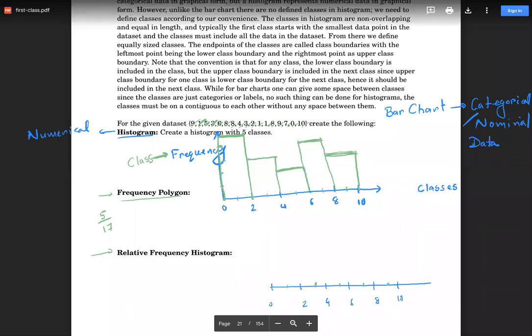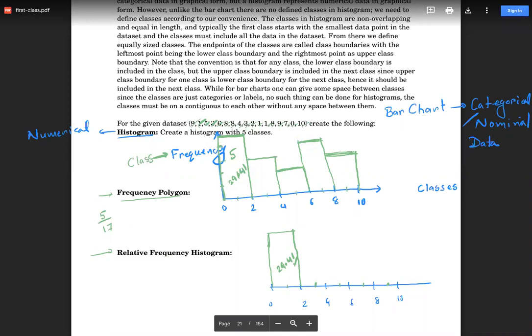So I'm going to write it here, 29.41%. Okay, so you're going to make the height 20. So it's kind of like, instead of actually 5 numbers, you're going to write 29.41%.